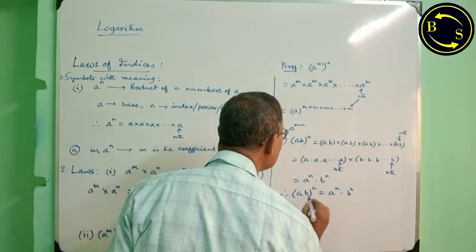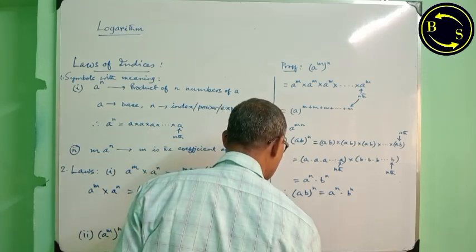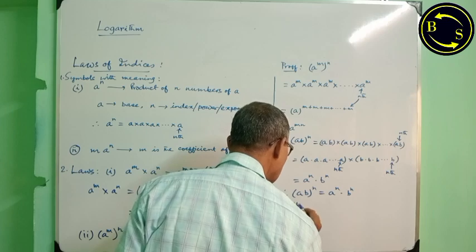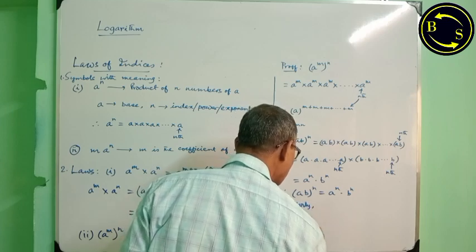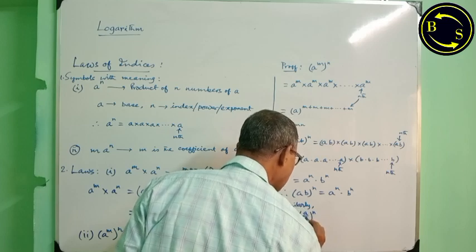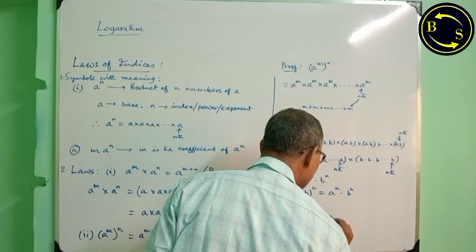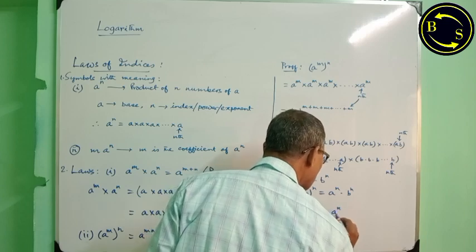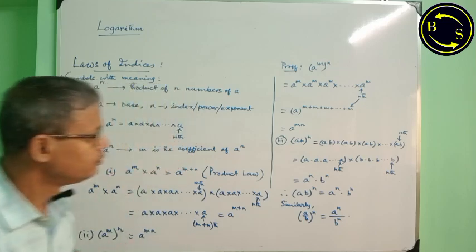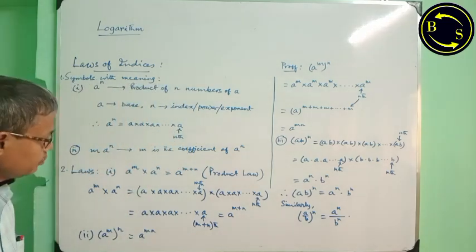Now, we can take this corollary. Similarly, a by b whole to the power n is equal to a to the power n by b to the power n.